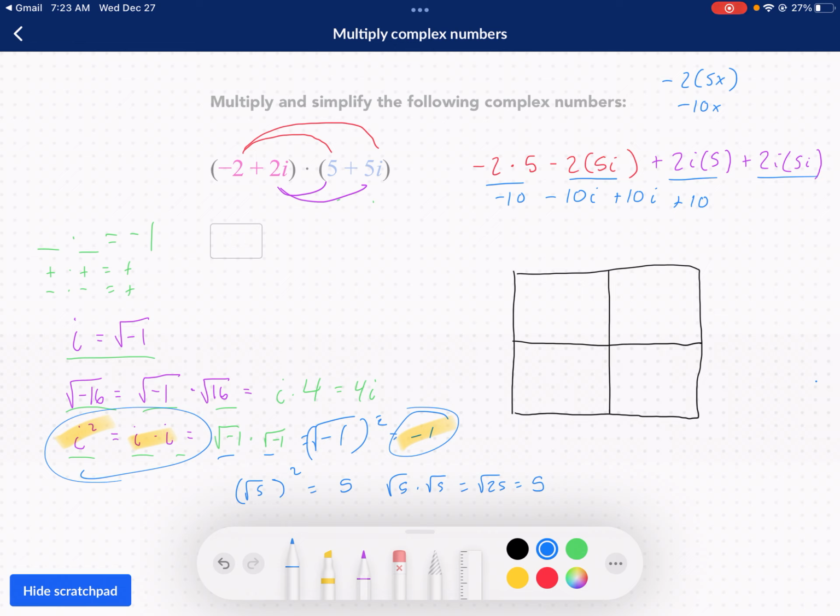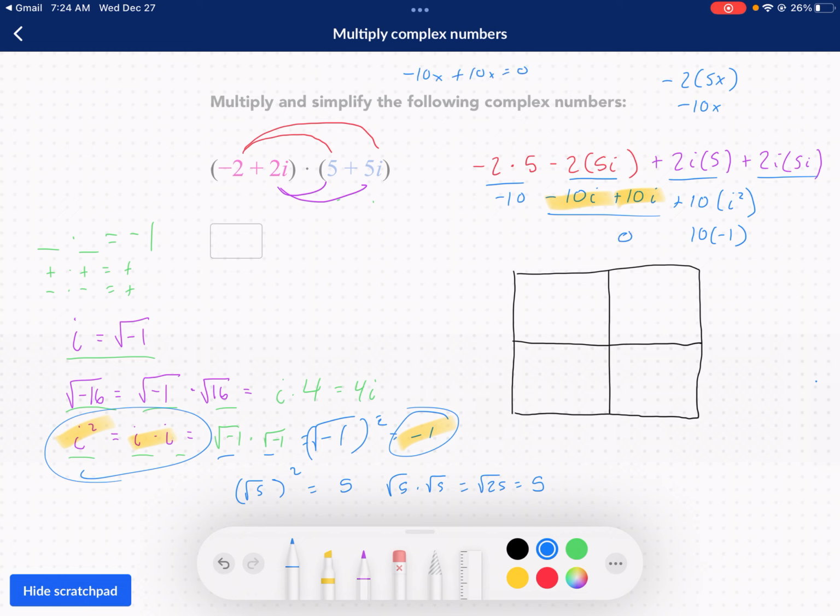So we have the 10 from the 2 times the 5, and then -1 from the i squared. If you want me to write that in two steps, I can. i squared, because we have i times i, and then that would be 10 times -1. I can combine these two right here, -10i and 10i, very much in the same way that I can do -10x plus 10x, and that's going to give me 0.